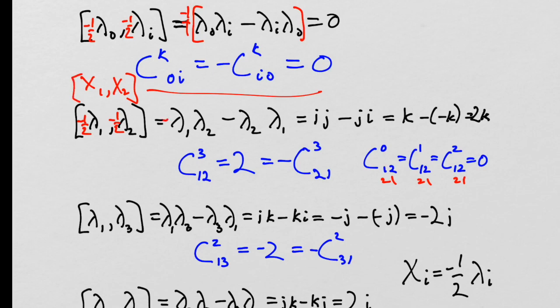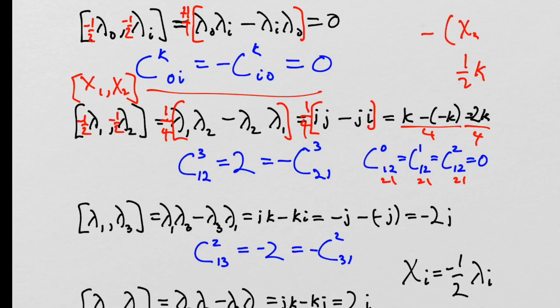So this gives me a 1/4 here. I guess this would be just a plus 1/4, not a minus 1/4. This gives me a 1/4 out in front of this, and that goes over to here, so that's over 4, so I get 1/2 k, which is minus x3, right?